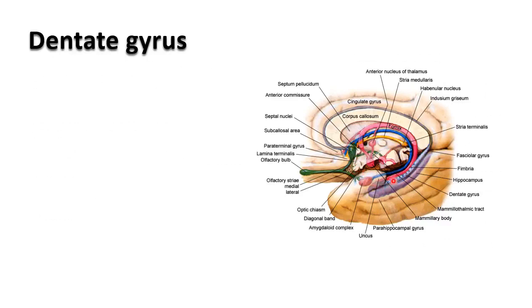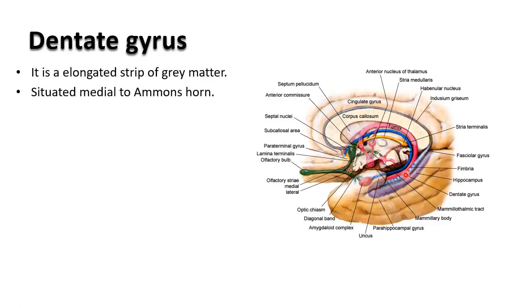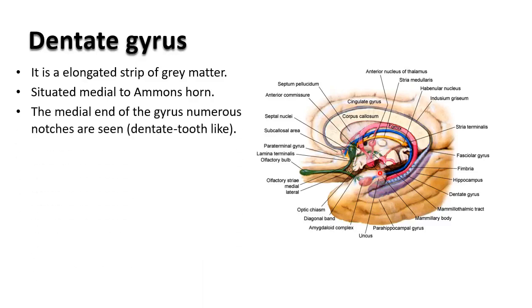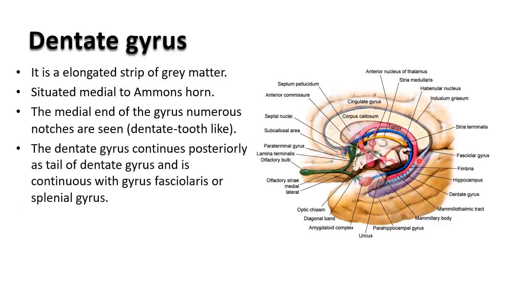Medial to the hippocampus, you are able to see some tooth-like structures called the dentate gyrus. It is an elongated strip of gray matter situated medial to the Ammon's horn, the anterior most part of the hippocampus. From the medial end of this gyrus the fimbriae starts, the alveus and the fimbriae.